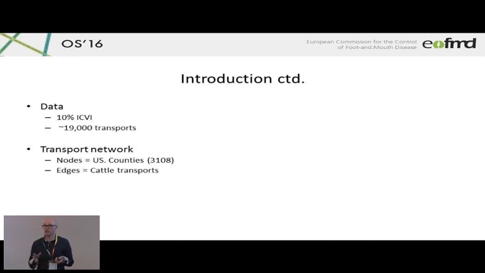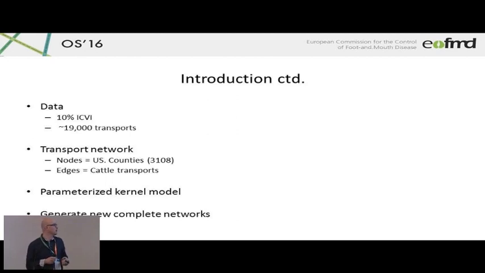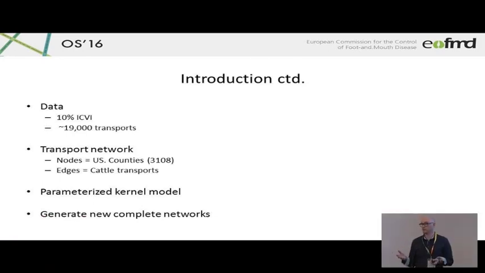Now we've put it into a parameterized kernel model that helps us describe the underlying process behind this network. And from the estimated parameters, we are going to generate new complete networks, that is 100% networks: 100% of the out-of-state shipments, as well as the intrastate shipments.